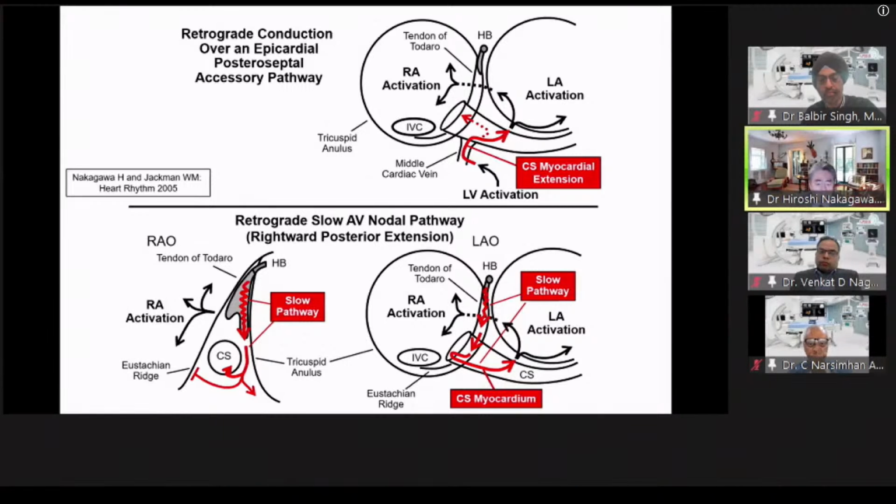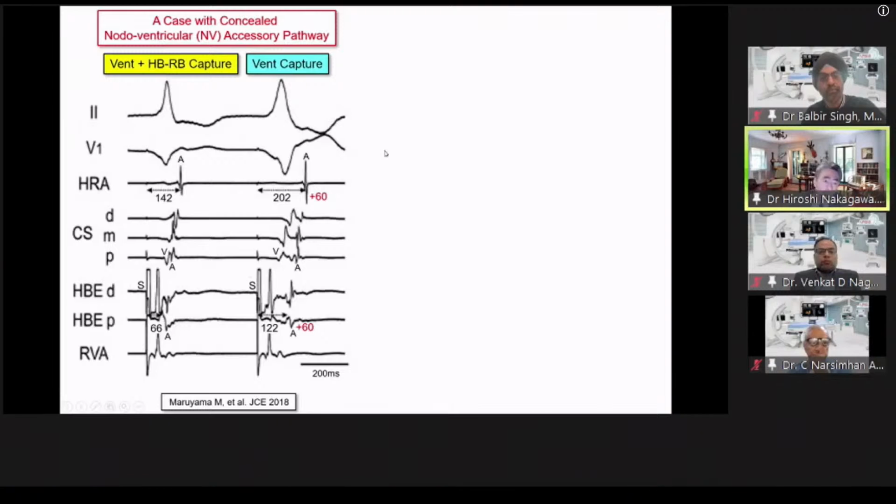And then, for learning time, I'll spend a little bit on this case, the concealed nodal ventricular accessory pathway. It was published in JACC by a Japanese group, Dr. Maruyama. They performed parahisian pacing, and they said that with His capture and V-only capture, they saw an identical activation sequence.